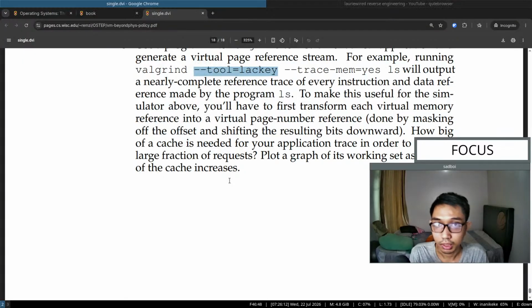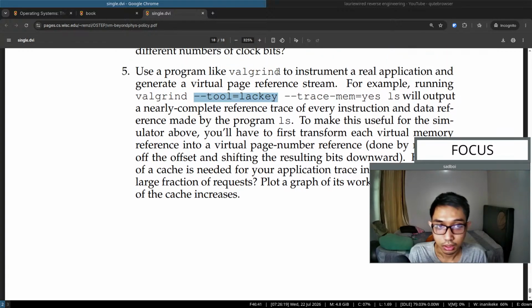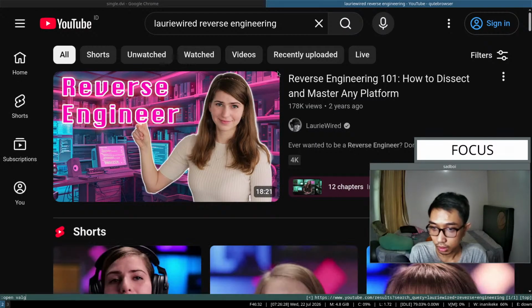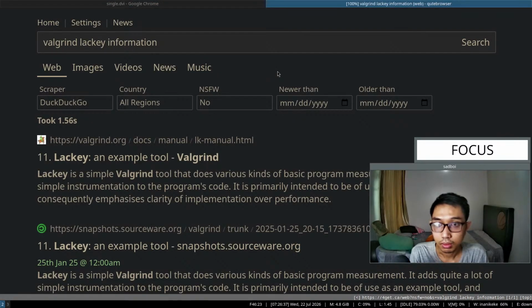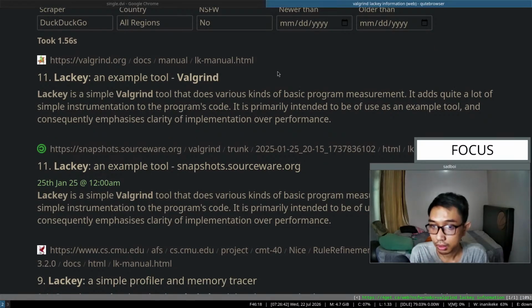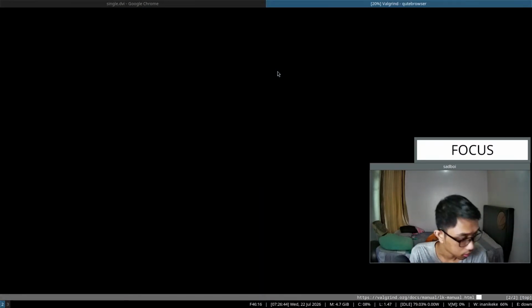Wait, where was I again? Valgrind Lackey, okay. To make this useful. Valgrind Lackey information, I guess. Oh, there's an example, I guess this one.